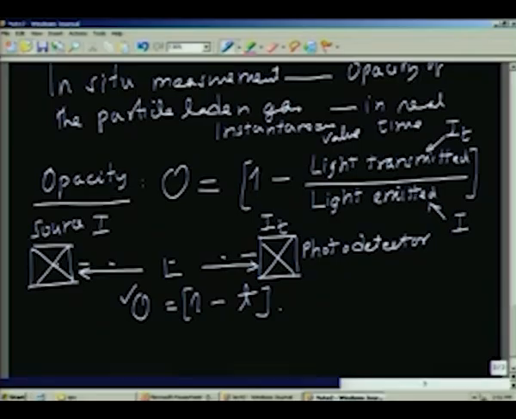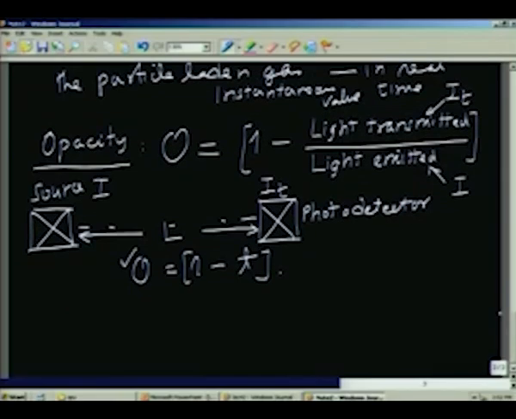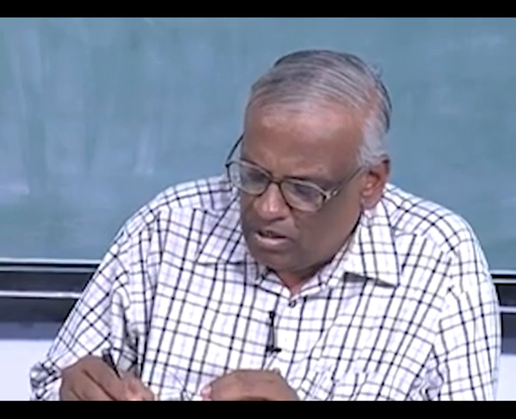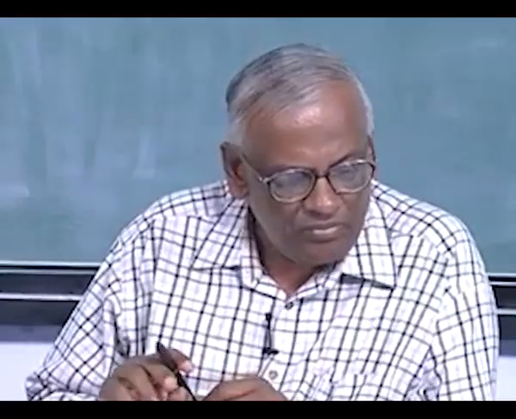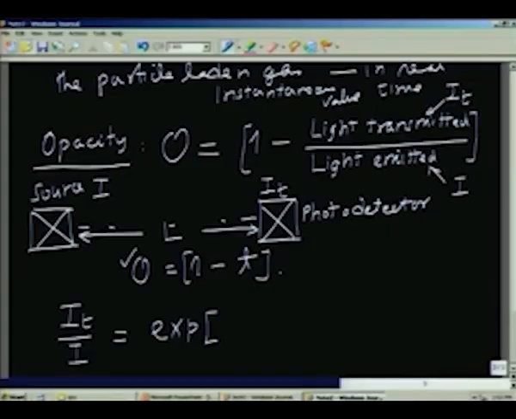How does it come about? Let us look at the relationship between I t and I. We have already come across this earlier. This is given by an exponential according to the absorption and the scattering of the particles.